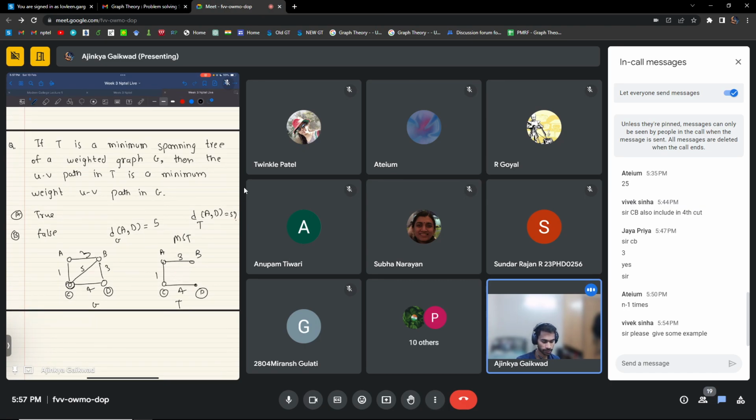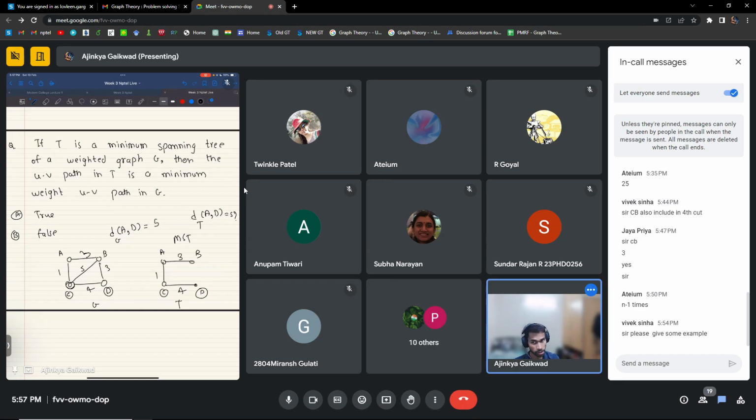It will add AC, right? And then it will add AB, because there are three crossing edges, AB, BC, and CD, but AB is the shortest, so it will add AB, and then finally add CD. So in this special case, the distance between A and D is also 5.